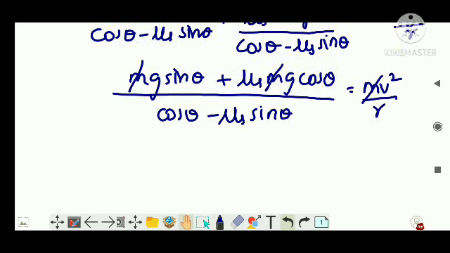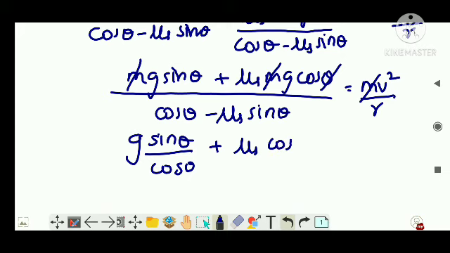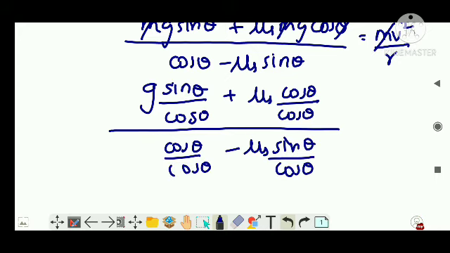Alright, clear? What I'm going to do is divide the numerator and denominator by cos theta throughout. So this will be g sin theta by cos theta plus mu s cos theta by cos theta, whole divided by cos theta by cos theta minus mu s sin theta by cos theta, equal to v squared by r.